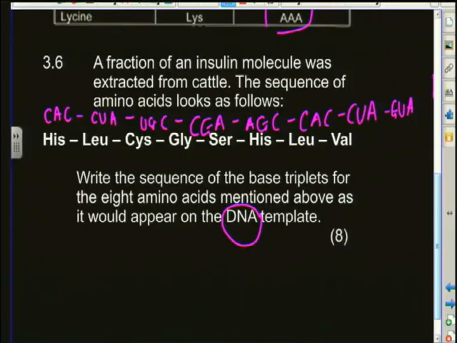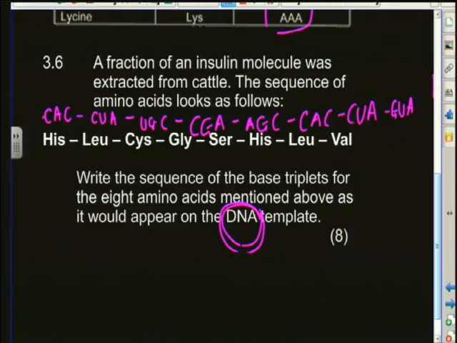Now it says here, write the sequence of the base triplets for the 8 amino acids mentioned above as it would appear on the DNA. So I must take these and convert them to what the original code was.